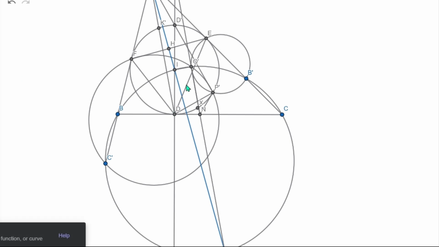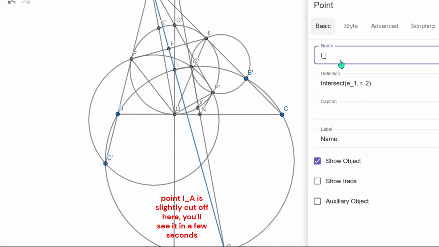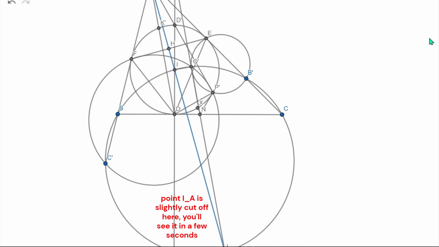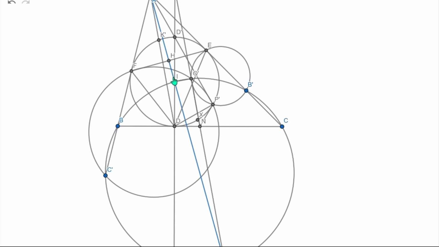And this point here, because it lies on the angle bisector and is opposite I on the circle, it has a very, very special name. This point here, which I'm going to call I sub A, is actually known as the A-excenter of the triangle. And it is as special as the point I in many, many ways. So that means that we want to do something with this point I sub A.